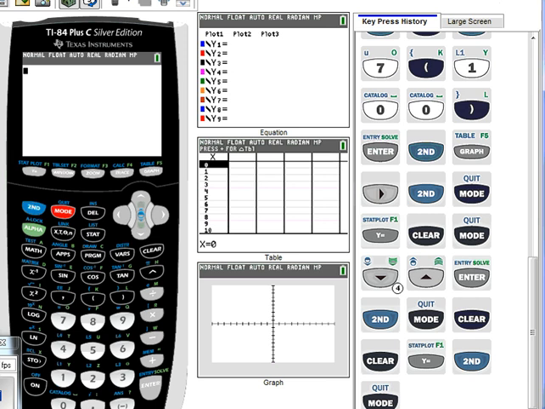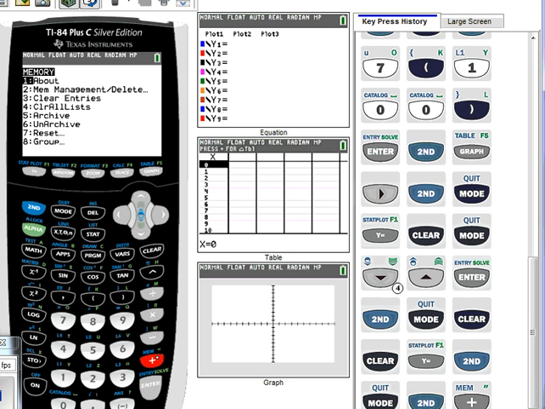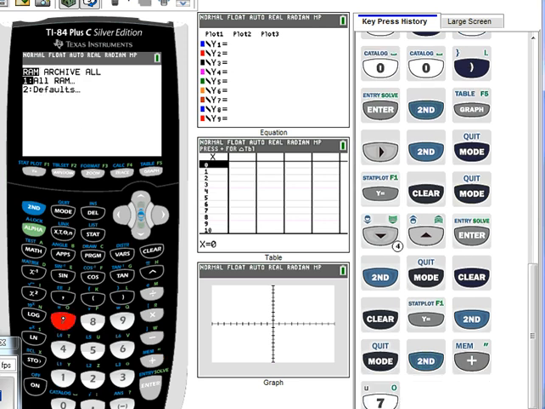You would know if you were programming something into your calculator. We're going to start by pressing second, then the plus sign, then 7, which is reset, then 1, which is all RAM, reset RAM, then 2.